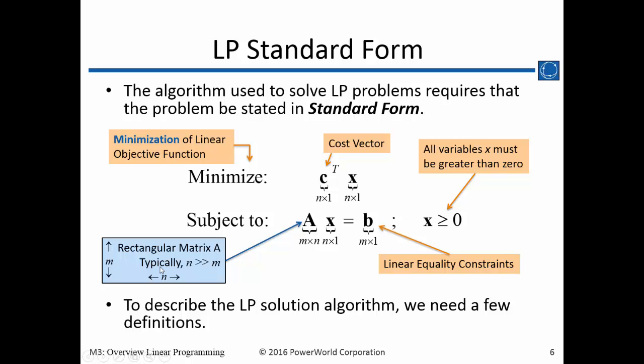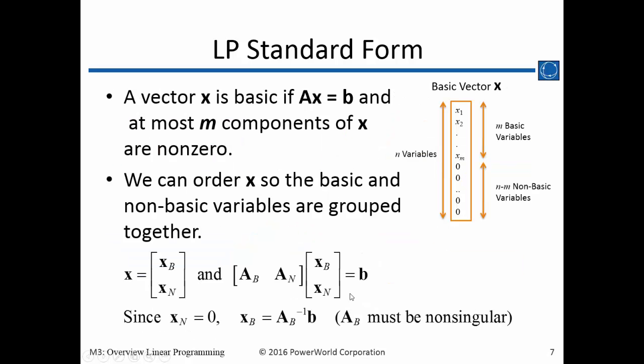And typically in a power flow solution, you have a lot more controls than you do binding constraints, which is good. That means we have a lot of options for moving generation around to relieve our binding constraints. So that's why this matrix right here has lots of columns and just a few rows by comparison.